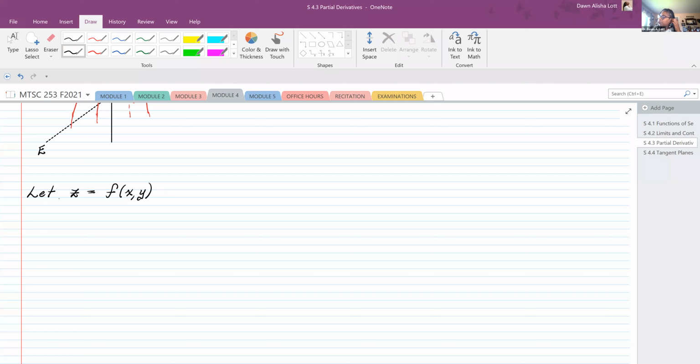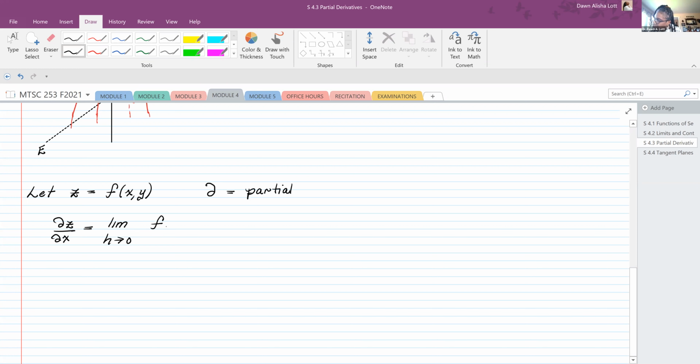So the symbol for the partial looks like that. So that means partial. So I'm going to take the partial of z with respect to x. This is the limit as h approaches 0.